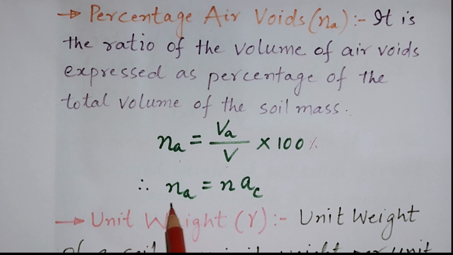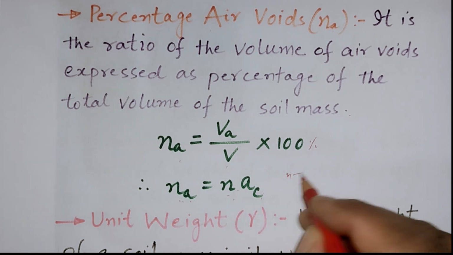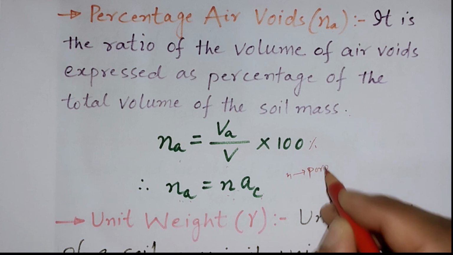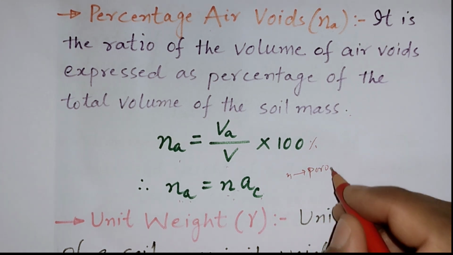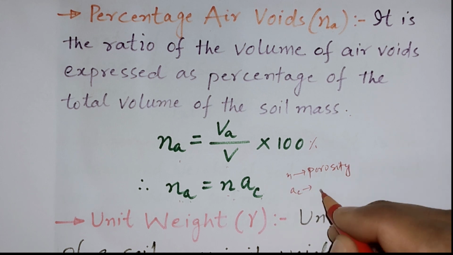So na, percentage air voids, will be n into AC. Here n is porosity and AC is air content.